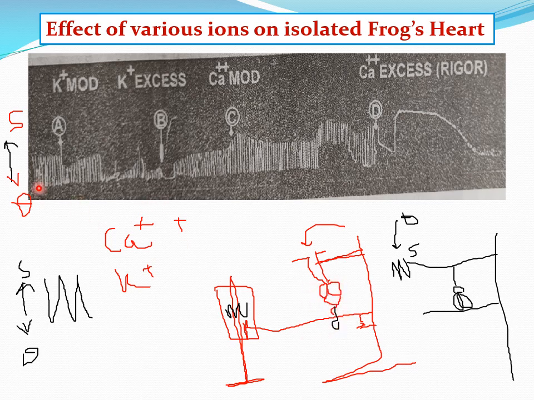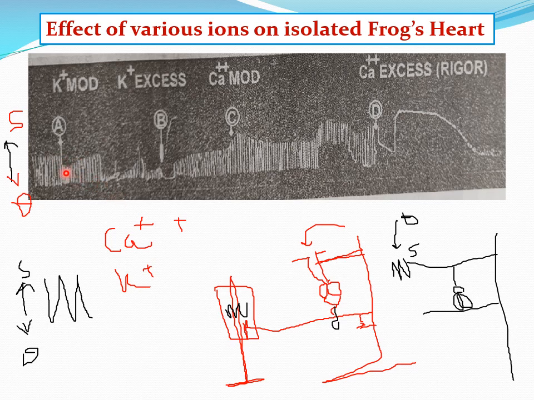And how it acts, see, the first effect is the effect of moderate potassium. When we pour the moderate potassium, there is a decrease in heart rate and a decrease in height of contraction.